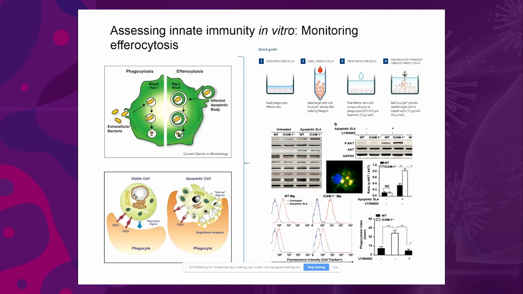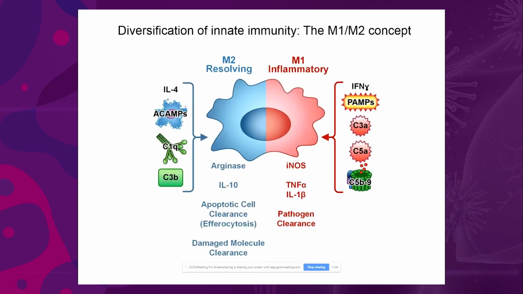So this, again, can be done in culture. Now, an aspect that always comes to our mind is whether we can characterize different states of innate immunity, the way we do for the adaptive immune response.